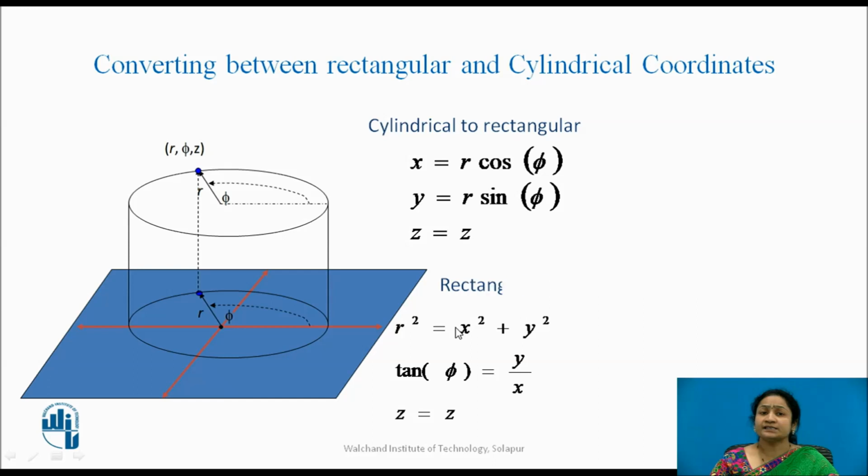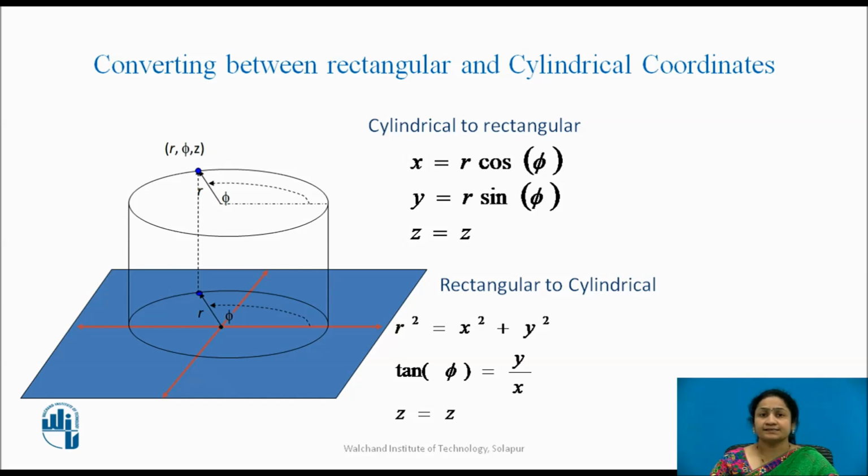If the point is given in rectangular form, to get the cylindrical coordinates, the formulas are r square equals x square plus y square, or r is equal to the square root of x square plus y square, phi is tan inverse of y by x, and z is equal to z.